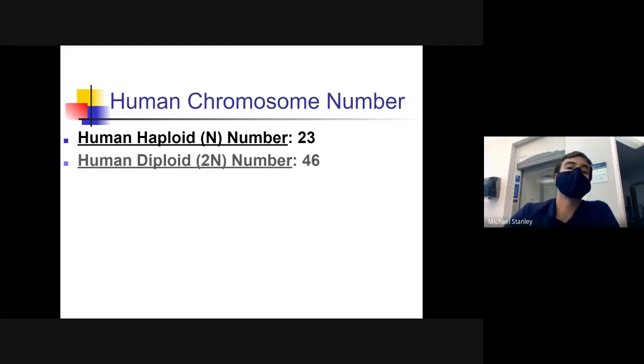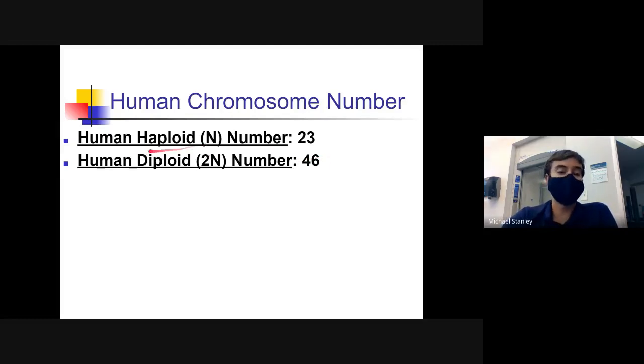So in humans, we have 23 different chromosomes. And so most of our cells that are diploid have a total of 46 chromosomes. So 23 pairs of chromosomes gives us 46 total.